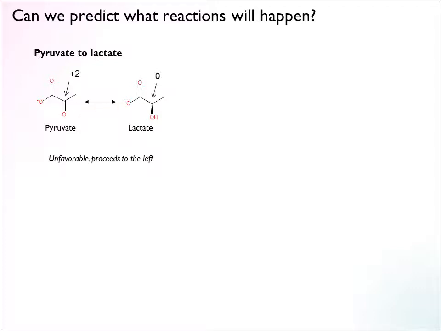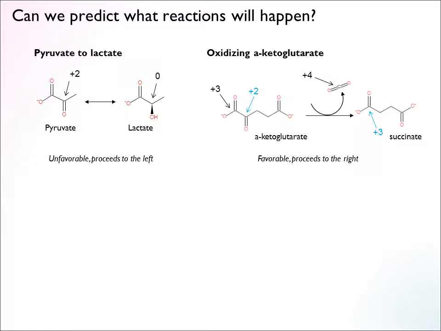So you would say that if you want to make lactate from pyruvate, we predict just from the oxidation states that you would have to put in extra energy in order to make this happen. And that is indeed what happens in lactate dehydrogenase. You need to use the energy of an NADH molecule in order to make this go left to right. So that makes sense. Another example is the oxidation of alpha-ketoglutarate. This is in the TCA cycle, one of the reactions there.